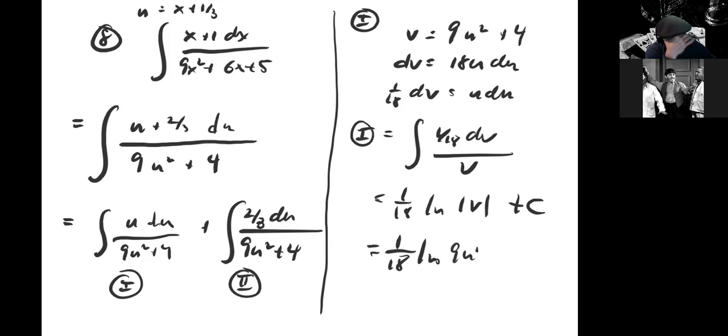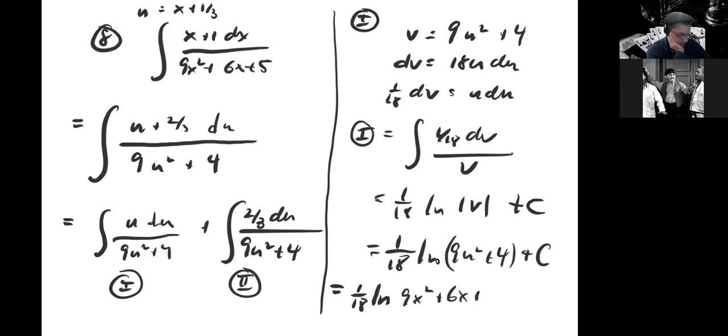In fact, we can rewrite this as 1/18 ln of 9x squared plus 6x plus 5 plus c, since 9u squared plus 4 is what we got when we converted the denominator of the original integrand into the u variable. Okay, so that's 1.